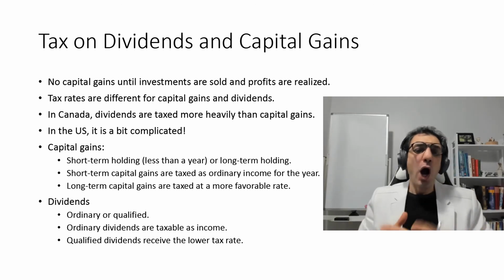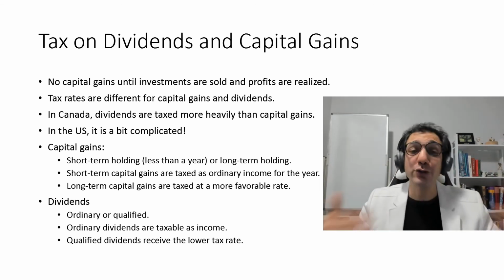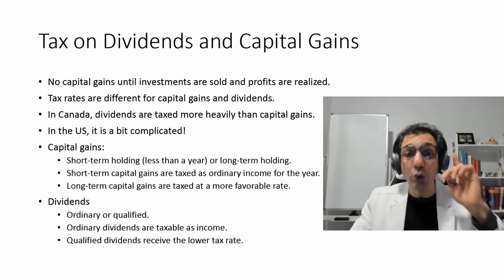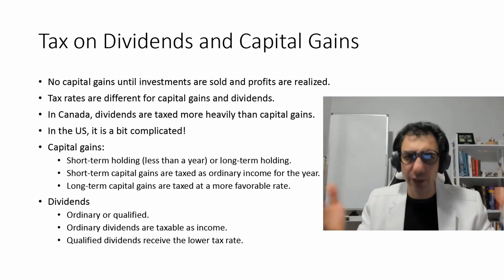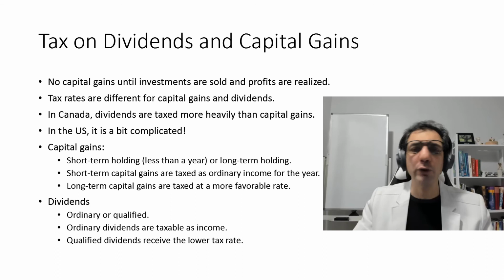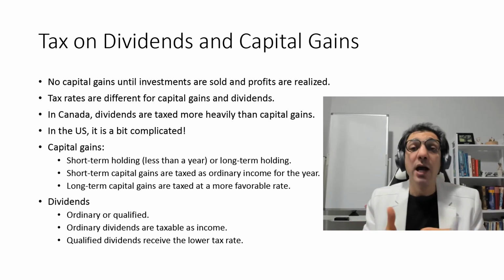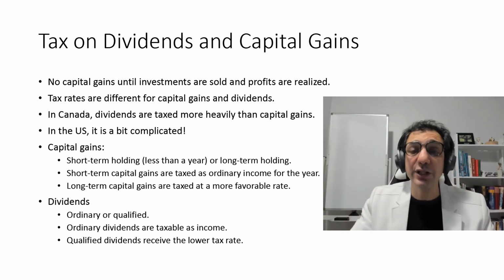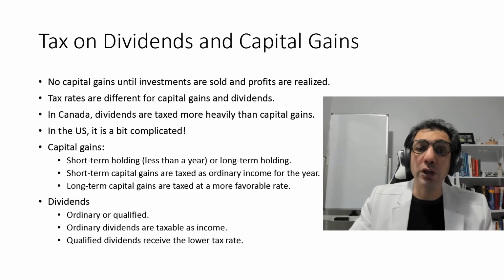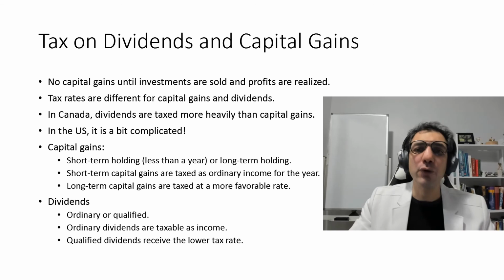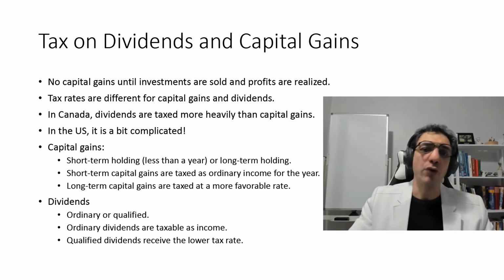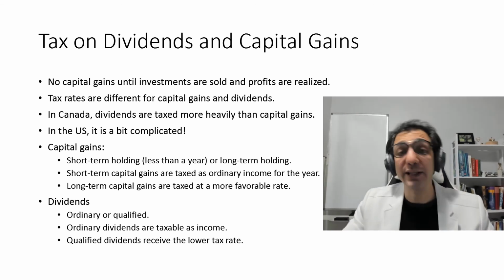Maybe you say, Ali, how can you become qualified? So what are qualified dividends? To qualify for qualified dividends, there are some conditions that should be fulfilled. For example, the payee, or you as an investor, must own the stock for long enough. And by long enough, I mean at least 60 days for common stocks and 90 days for preferred stock.